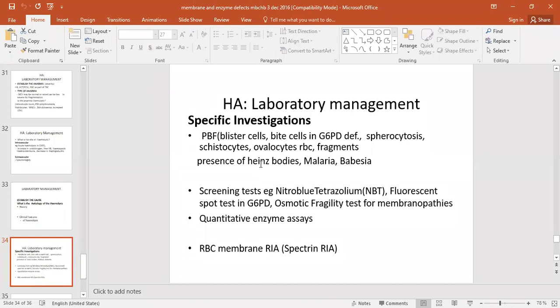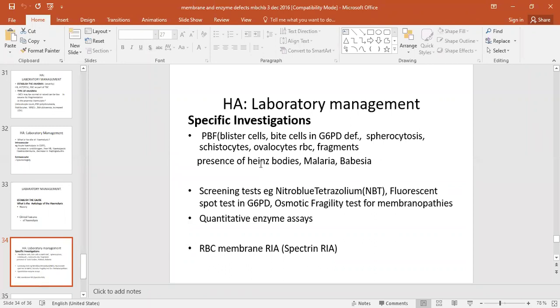I think osmotic fragility is something you may want to consider because it is also done for sickle cell, and it is good to look at patterns that may be unique for the two disease entities. You can also do a quantification assay for the enzyme of interest, and that might assist you to establish the quantities that may be missing and classify your patient appropriately.